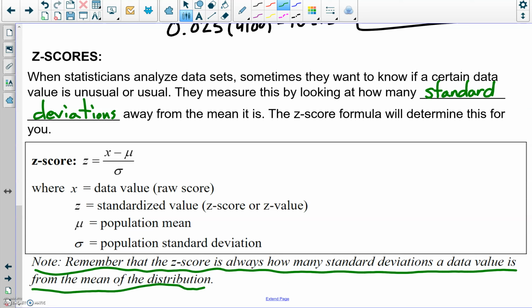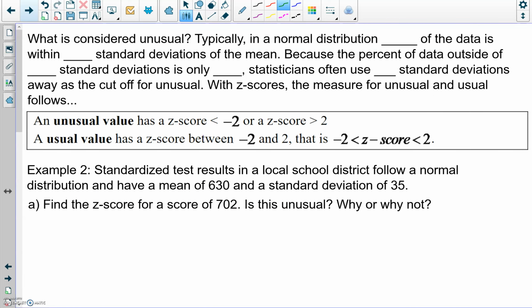And when you are looking at things like what's considered unusual, it's all based on the number of standard deviations away, which is where the z-score is helpful. So typically, in a normal distribution, 95% of the data is within 2 standard deviations of the mean.